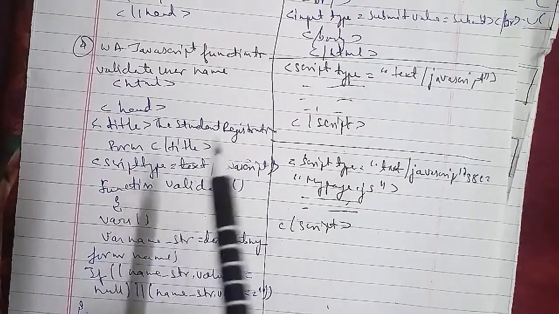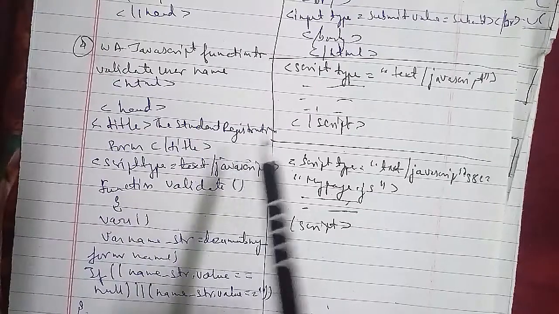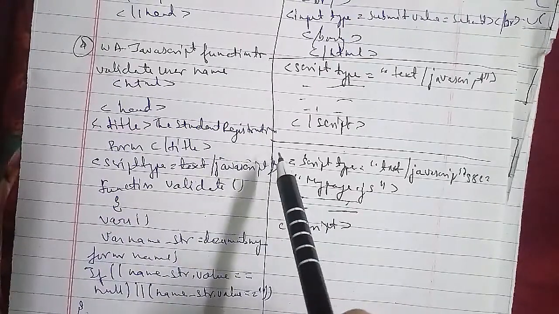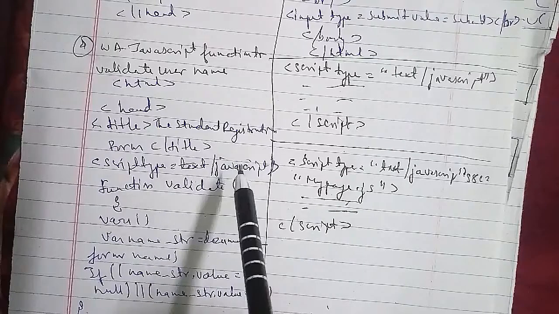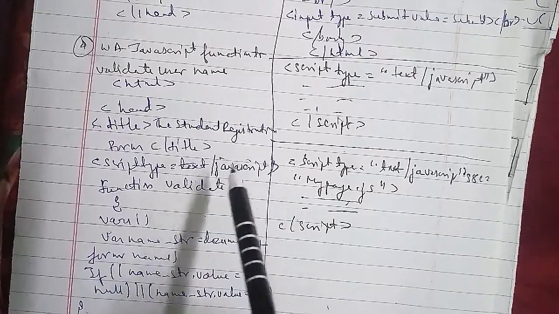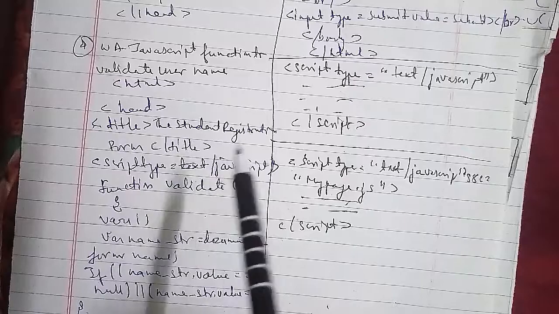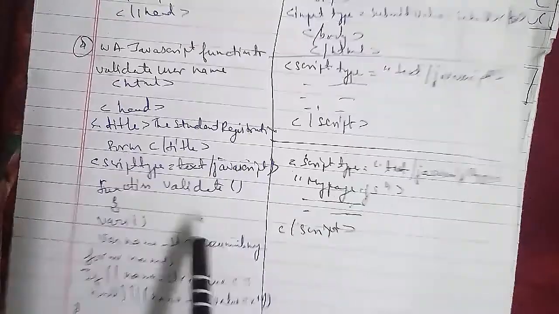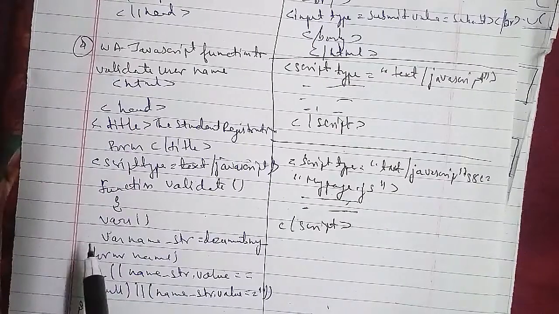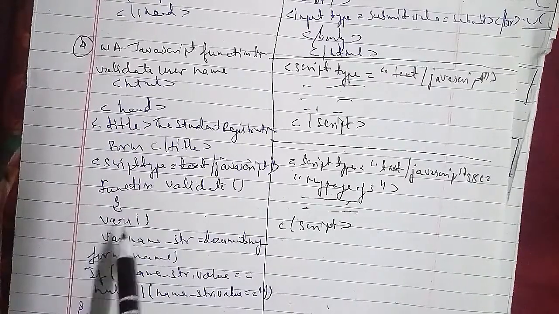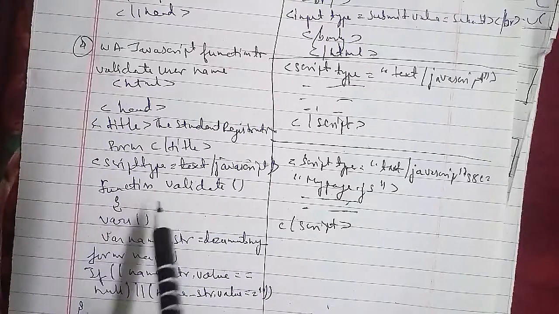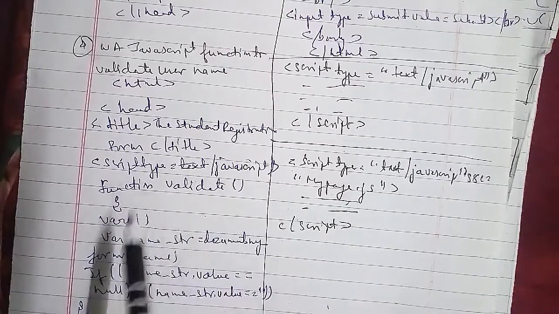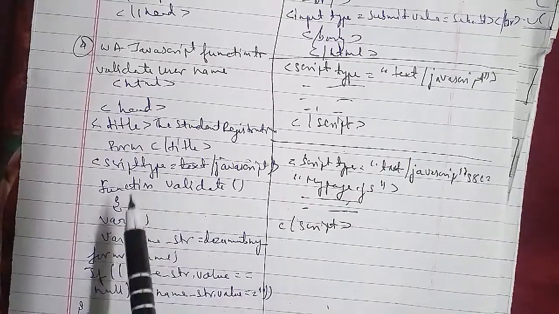Here you can see the HTML head, then title, that is the student registration form, then title tag close.